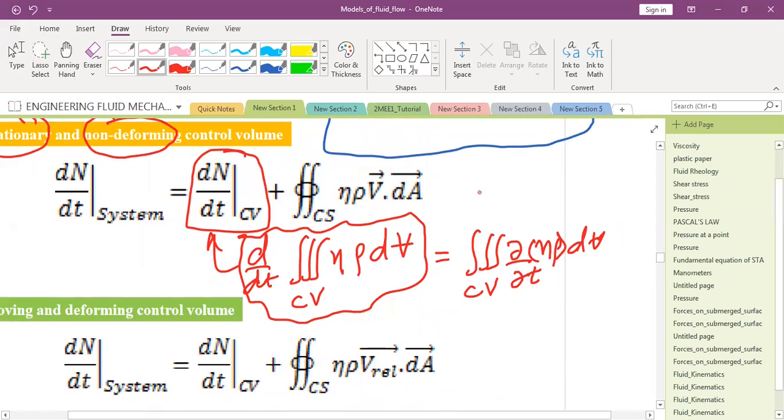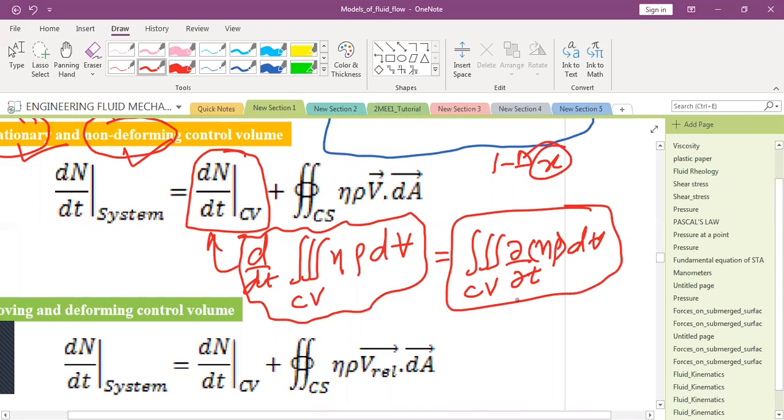The example I gave you was a one-dimensional example, only a function of x, but here it is a volume, so it is a function of x, y and z. What does that mean? The limits of x, y and z are not changing. If the limits are not changing, it means it is stationary as well as non-deforming. And that's why I can write down this term as this term.